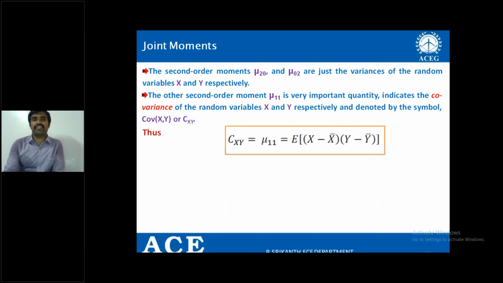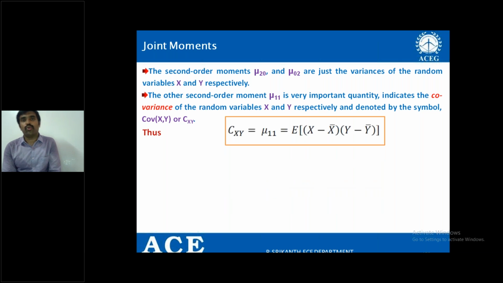And we can write the definition like this: CXY equal to mu11, which is equal to expectation of x minus x bar into y minus y bar.